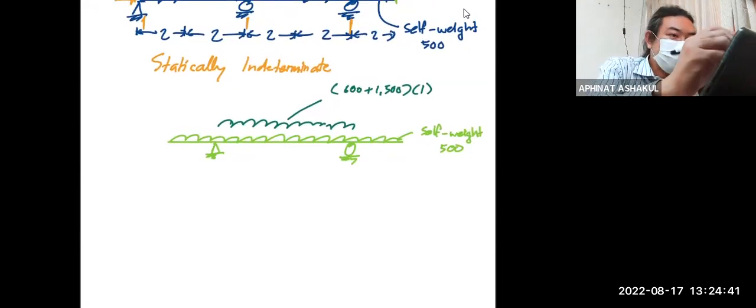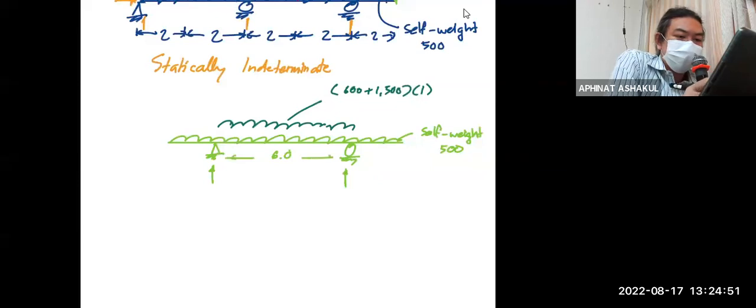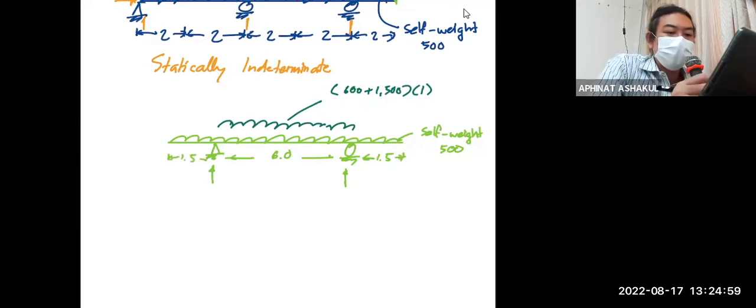So we can easily calculate this. That is 6 meters, and that's 1.5. Now the reaction can be easily calculated because it's symmetric.